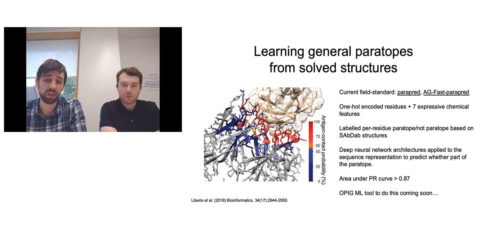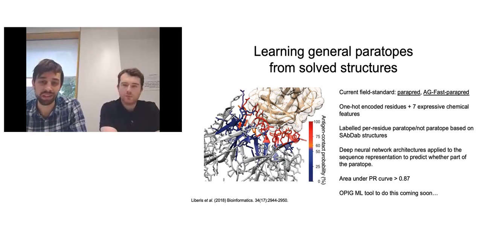Their method uses a little bit more of an attention-based architecture to take these structures as input and then to output, actually, which residues are likely to be involved in binding, for example these residues in CDR2, these residues in CDR3. They do this with an encoding of the residues that are involved in solved antibody-antigen structures, plus some features that characterize their chemistry.